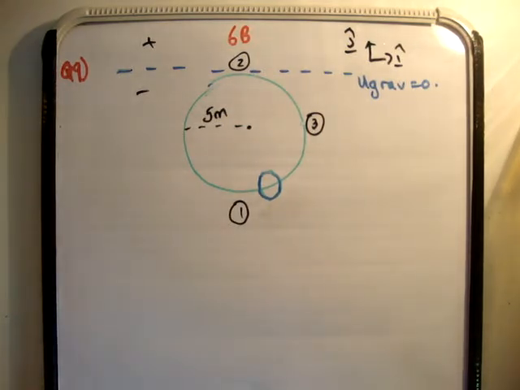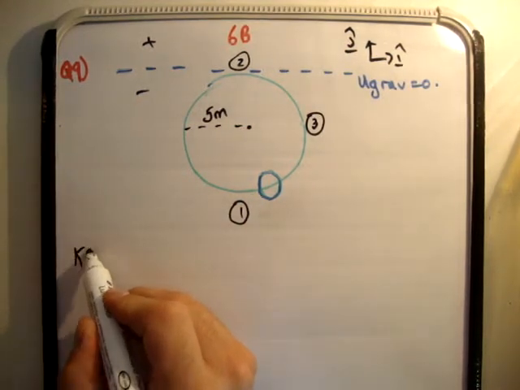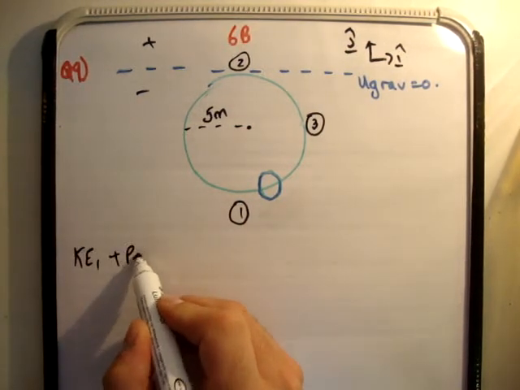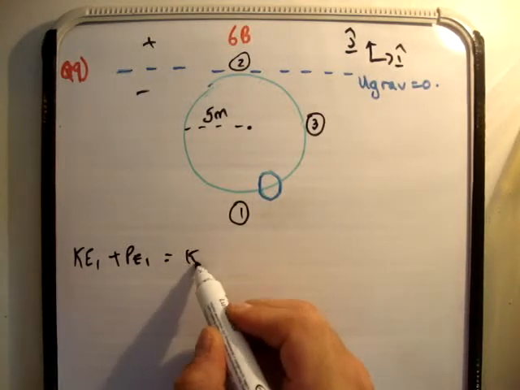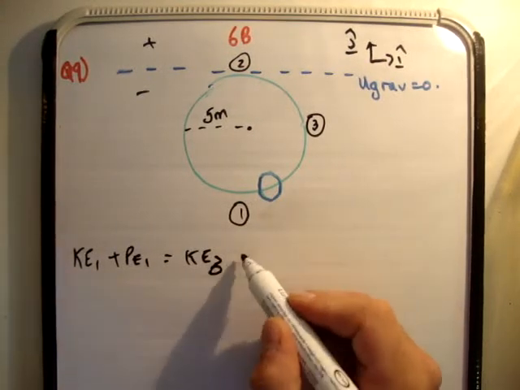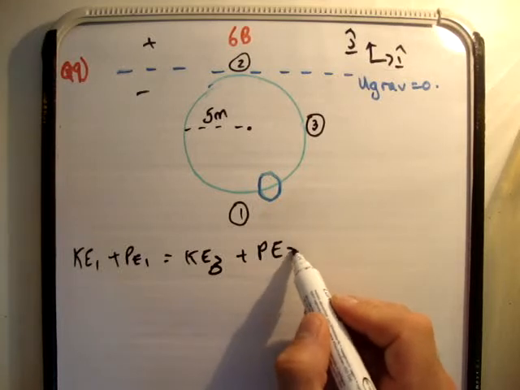So let's apply the principle of conservation of energy to this. We'll say the kinetic energy at 1 plus the potential energy at 1 is equal to the kinetic energy at 3 plus the potential energy at point 3.